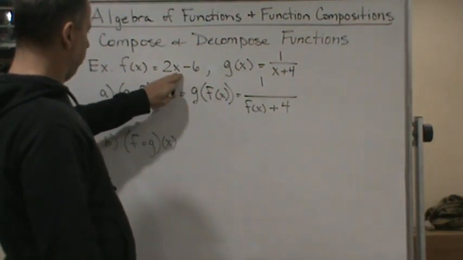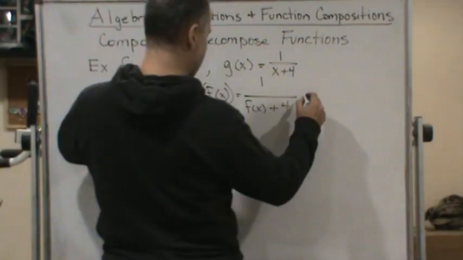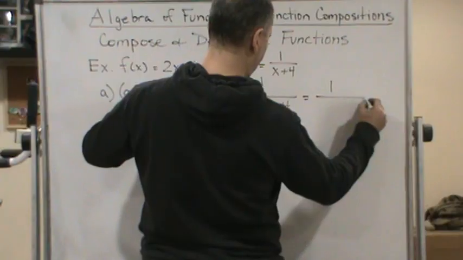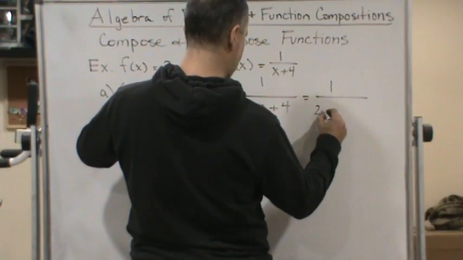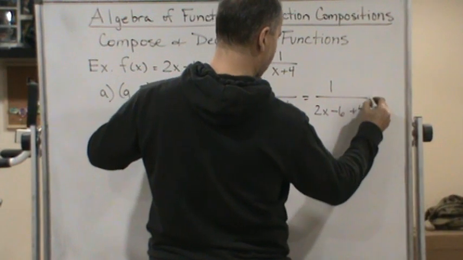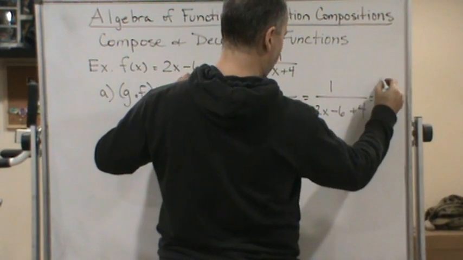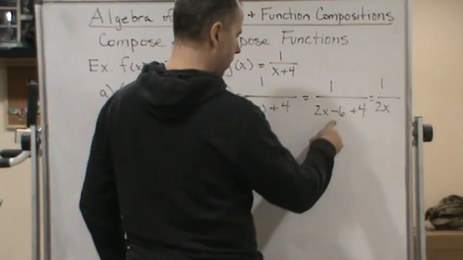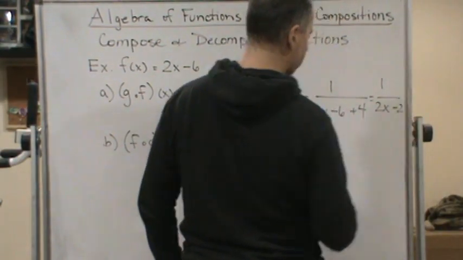So what is the rule for f of x? It's going to be 2x minus 6. So that's what I'm going to stick in here. So it's going to be 1 over what? 2x minus 6 plus 4. Which gives me what? 1 over 2x minus 2.